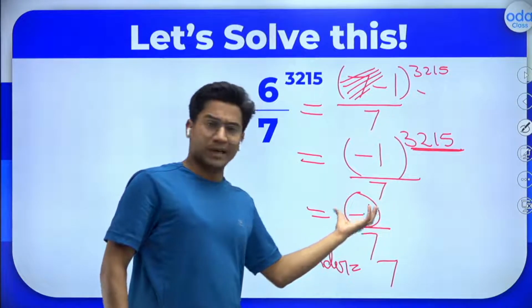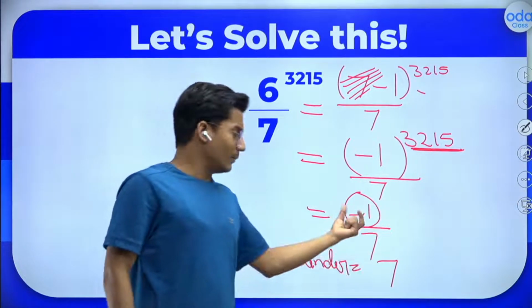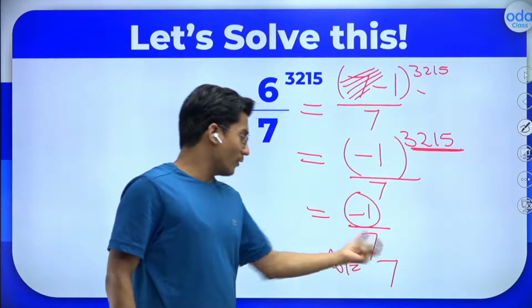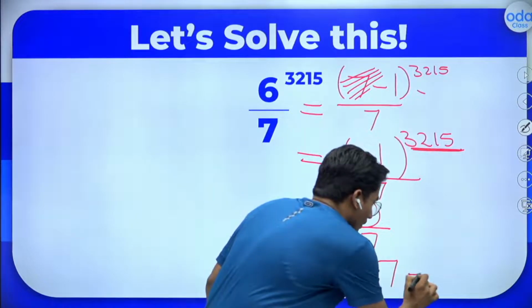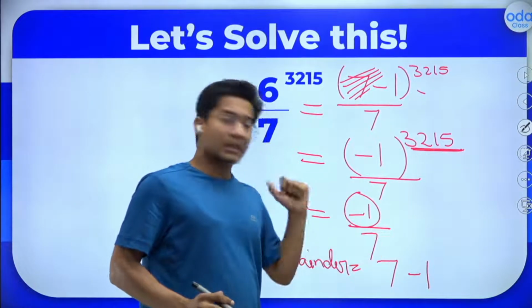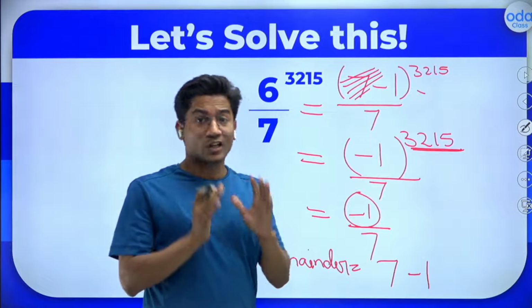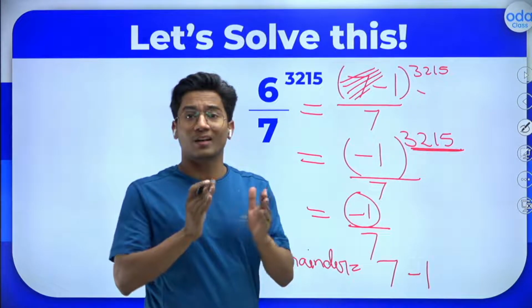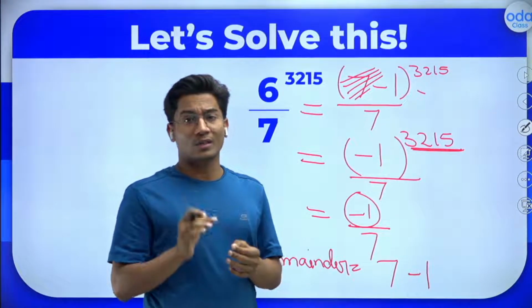It can be minus 1, minus 2, minus 3, whatever it is, you have to write it the same way. So just add that negative value to the divisor in each and every case whenever you are getting the remainder as negative. That is how easy it is, right?